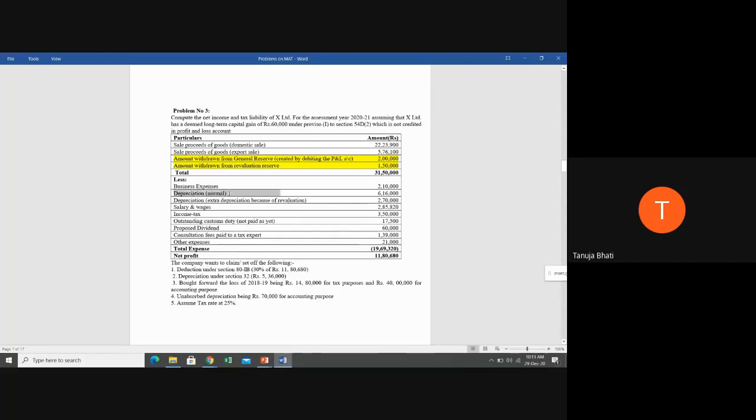Next, normal depreciation. Depreciation is an item that has to be given both the effects. It has to be added as well as deleted. So in our addition, we are going to show normal depreciation 6,16,000, and in our deletion also, we are going to show 6,16,000 from the net profit.